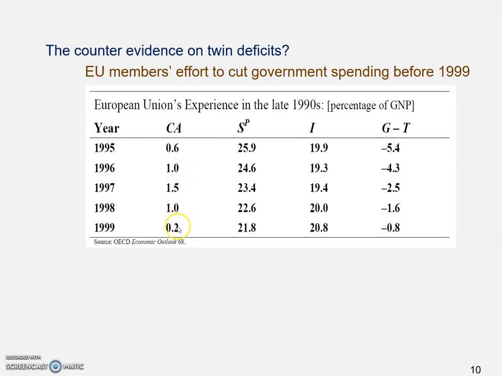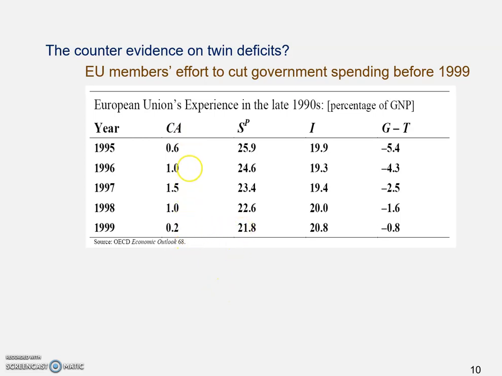When we compare 1999 with 1995, we did not really see much difference between these 2 years. In other words, we didn't see a positive correlation between the budget deficit and trade deficit with these EU member economies.